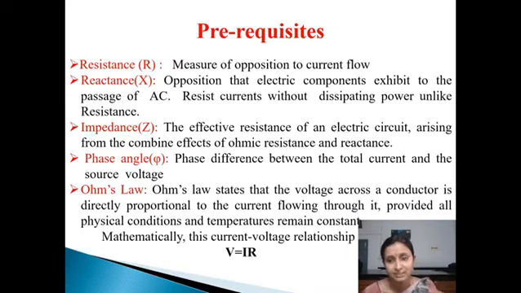Next, prerequisites. The parameters we have to know before going to our topic are nothing but prerequisites. What is resistance? Resistance is the measure of opposition to current flow, and reactance X is the opposition that electric components exhibit to the flow of AC current without dissipating power, unlike resistance.